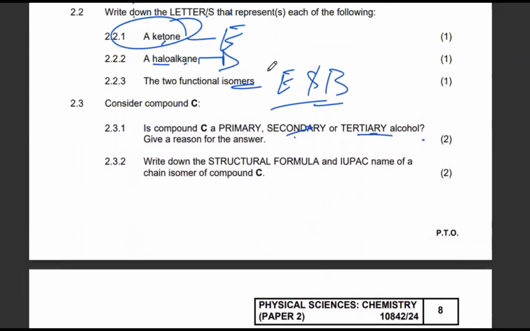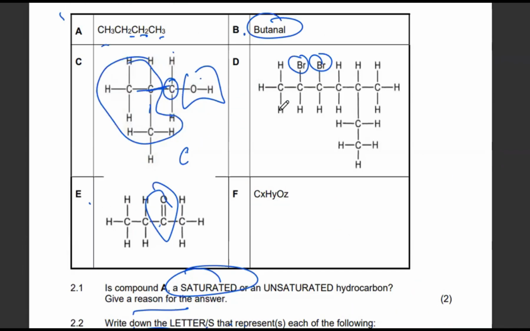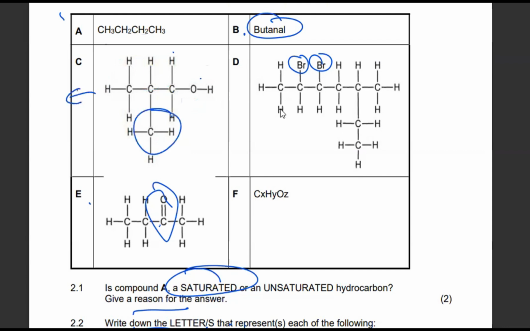Then we go to the next question. Write down the structural formula and IUPAC name of the chain isomer of C. When you say chain isomer, what you need to do is bring this, put it here, and then you bring this hydrogen and put it here.